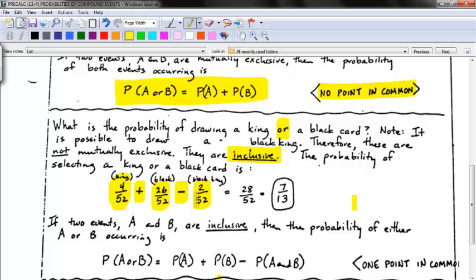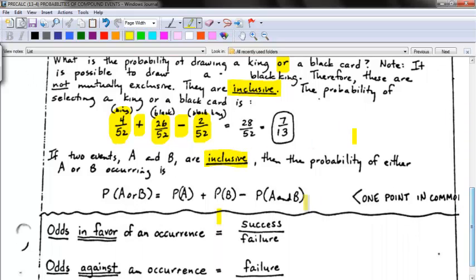For inclusive, the only difference is you subtract the point in common. So it's still the probability of A or B, and it's the probability of A plus the probability of B, and then you subtract that point in common. We've already talked about odds in favor, success over failure, and odds against, failure over success.